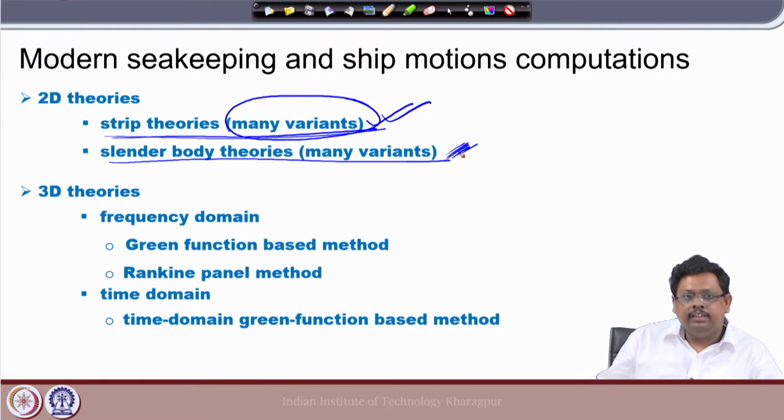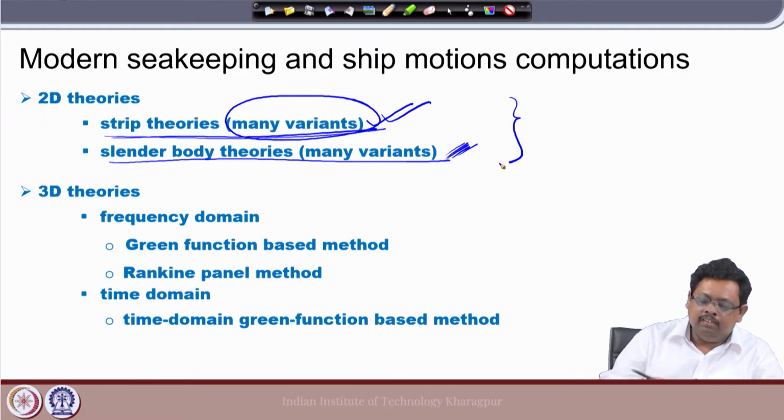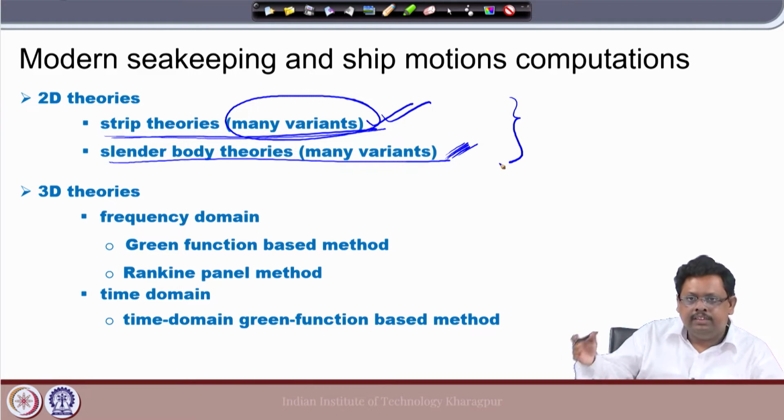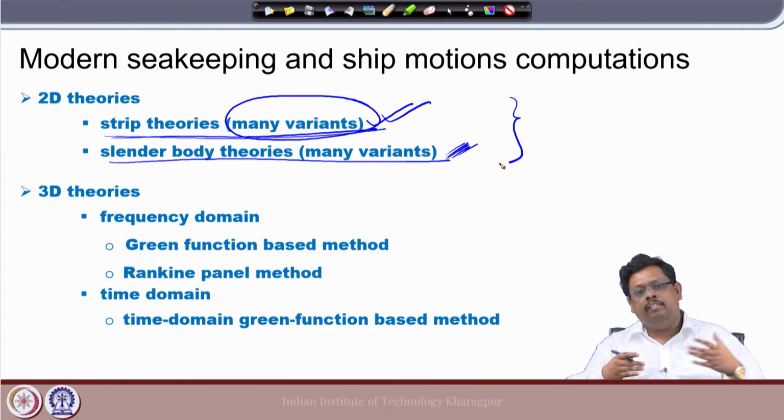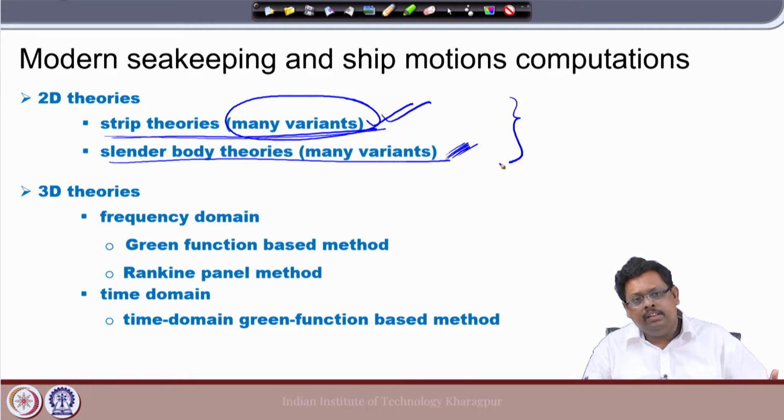These we can popularly call two dimensional theories, because here we are mostly finding the disturbance at each strip, and you can assume that each strip is a two dimensional body. But at the end we are going to get the effect for a three dimensional realistic surface.